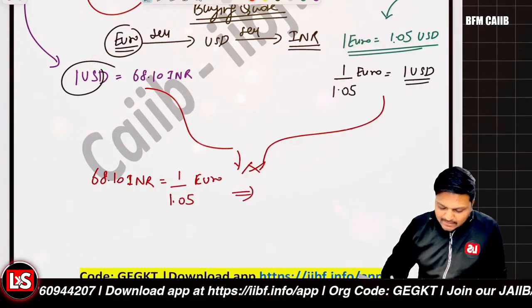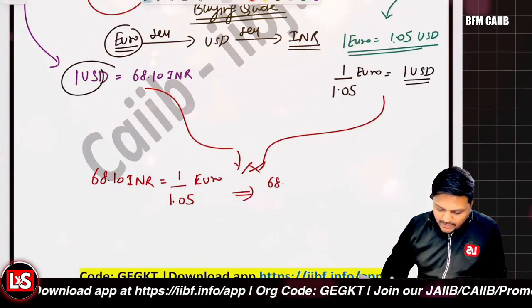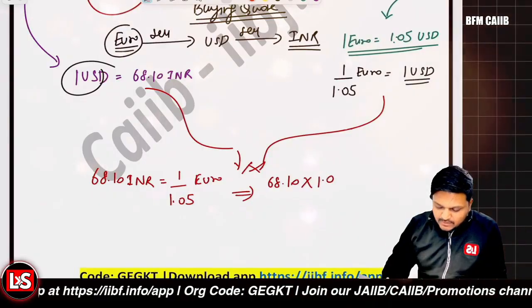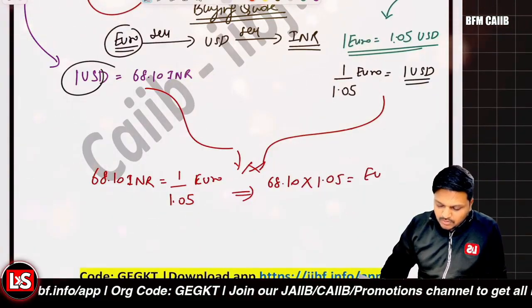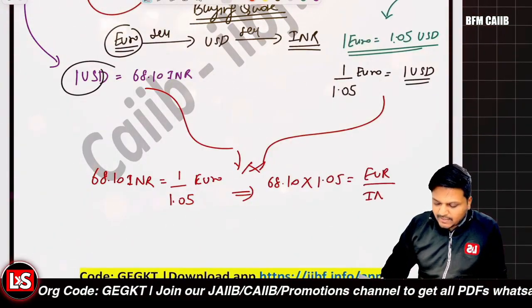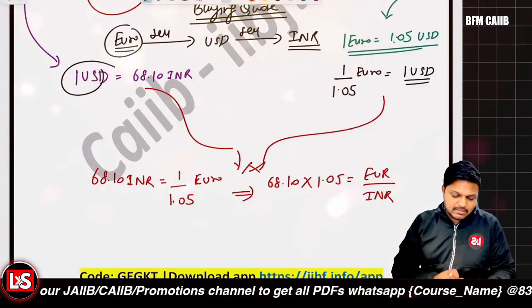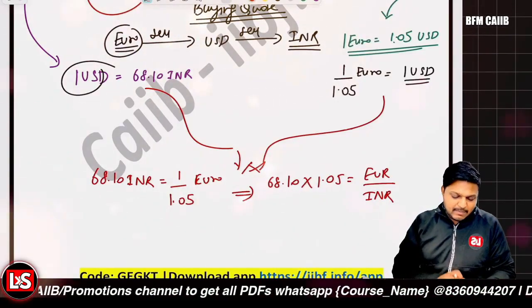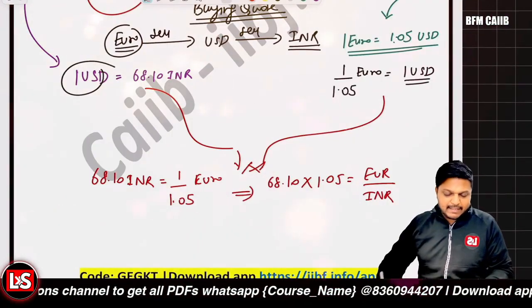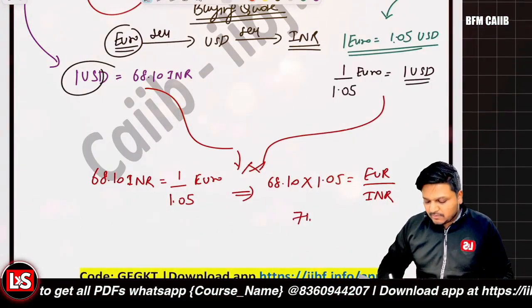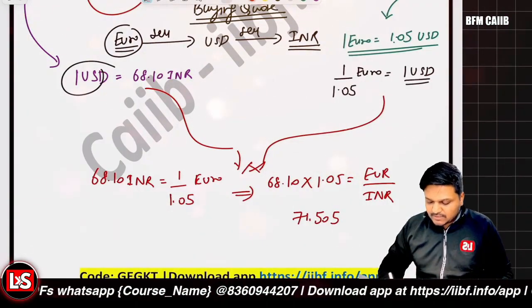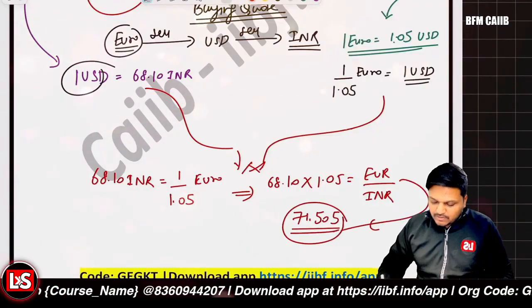And it implies that 68.10 multiplied by 1.05 is equal to euro divided by INR. And this was the rate that you wanted to calculate. So it is quite simple. 68.1 multiplied by 1.05, that is 71.505. This is the euro to INR quote that you have calculated.